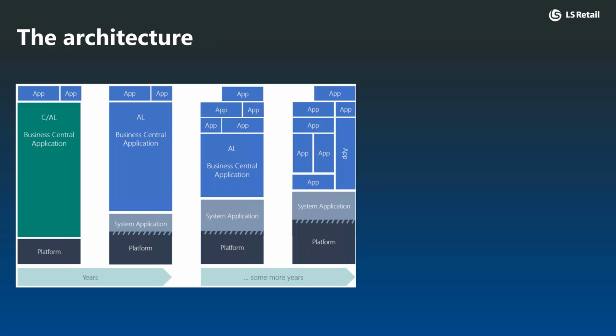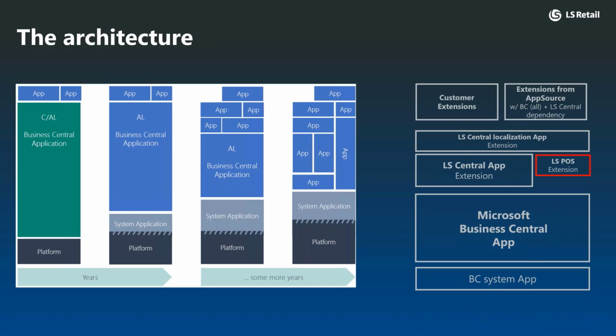Now we are in this plan at the stage that we are using specific LS Retail clusters to run the solution. But when fully in place, and we will be at the far right of this drawing, it will be run on a standard Microsoft shared cluster. And then this picture will look like a building of Lego blocks with lots of different apps building up a customer solution.